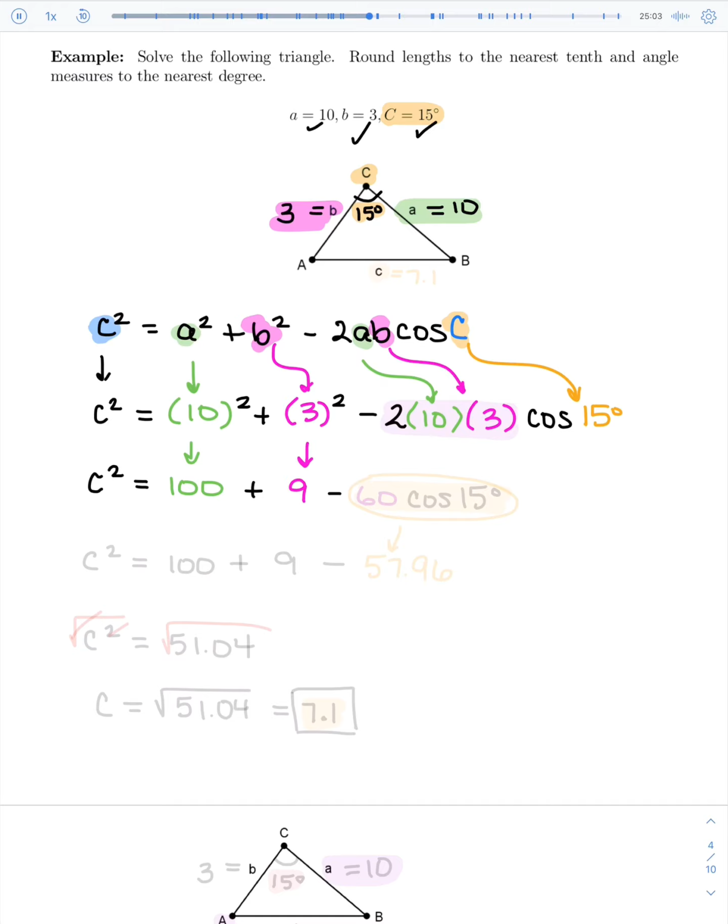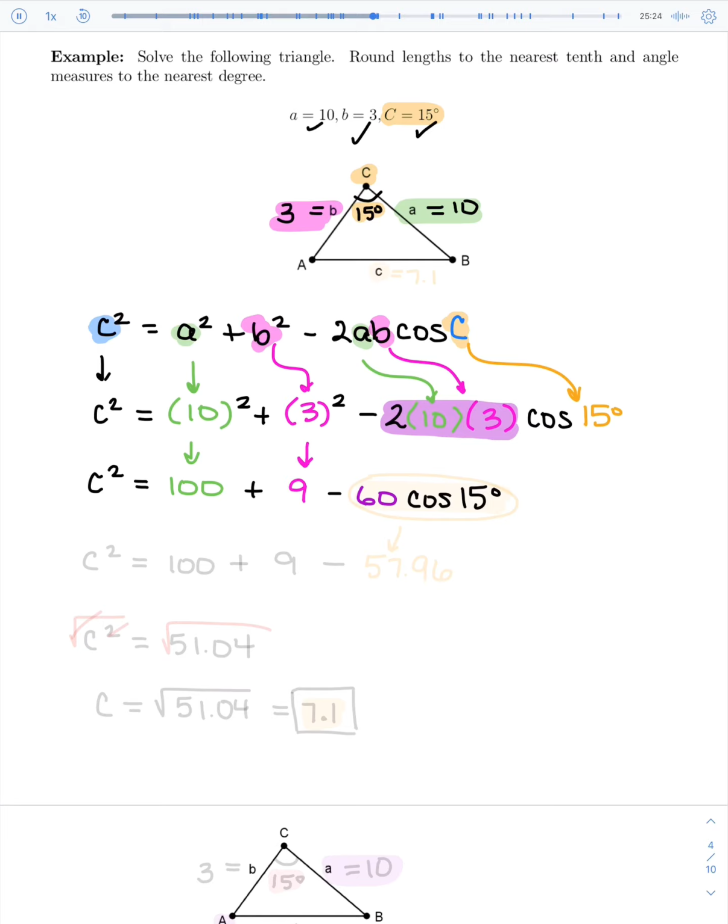Minus, if we wanted to do at least a tiny bit of this next part first, we could. We could do the 2 times 10 times 3. Well, 2 times 10 is 20, times 3 is 60. So we actually have 60 times cosine of 15 degrees.